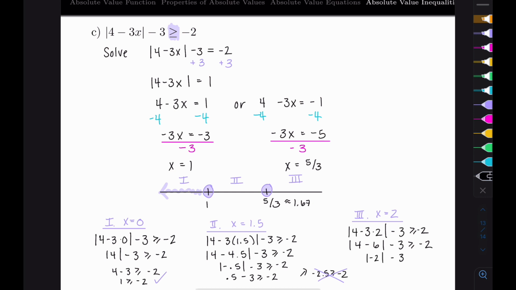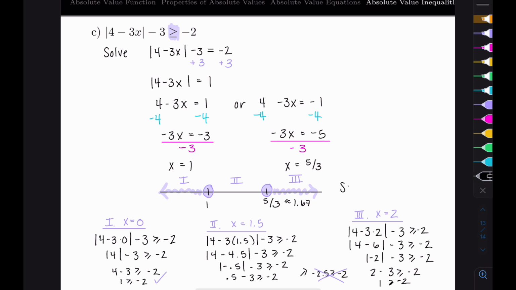Absolute value of negative 2, minus 3, is greater than or equal to negative 2. And indeed, we end up with a true statement because this is saying 1 is greater than or equal to negative 2. And that does work. So interval 3 is good.